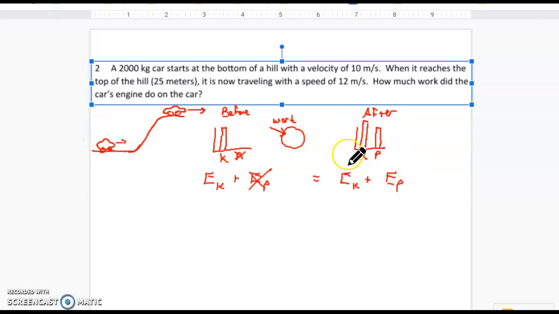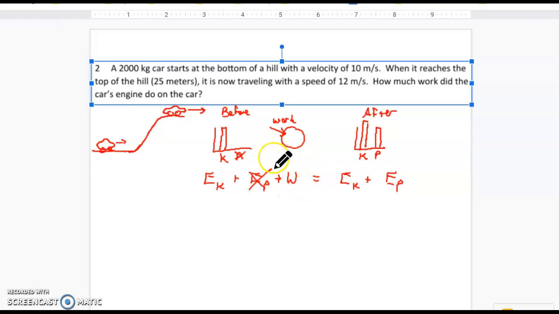We can't cross anything out on this side because we have kinetic energy and potential energy in the after part, when it's at the top of the hill. So this is what we have to keep in. But we know that work is being added in, and because it's added in, it goes on this side of the equation. This is where you would put it.